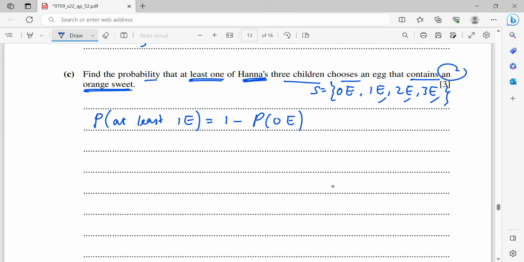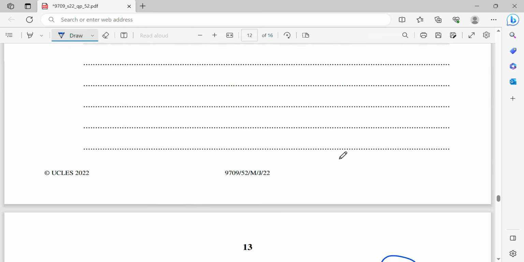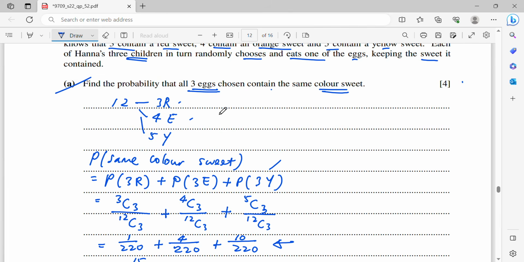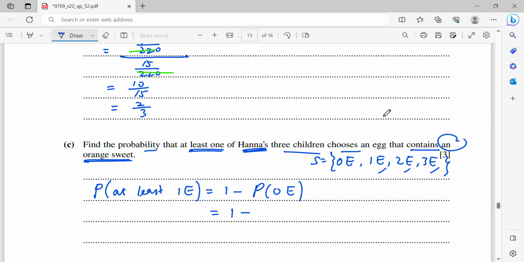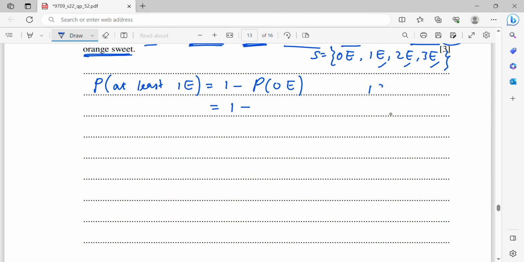Alright, so if no orange sweets, now 1 minus, remember just now we have 3R, 4E, 5Y. So I will rewrite this. 3R, 4E, 5Y.